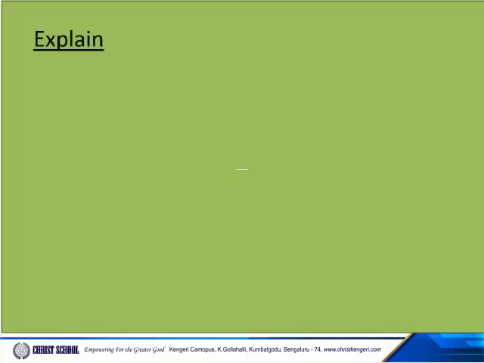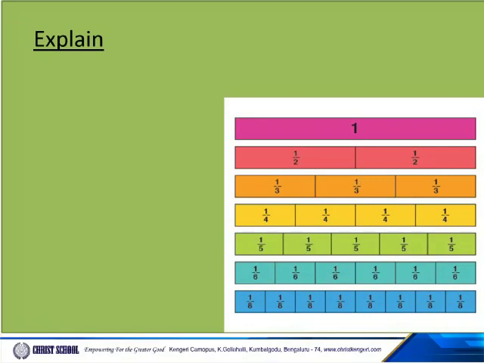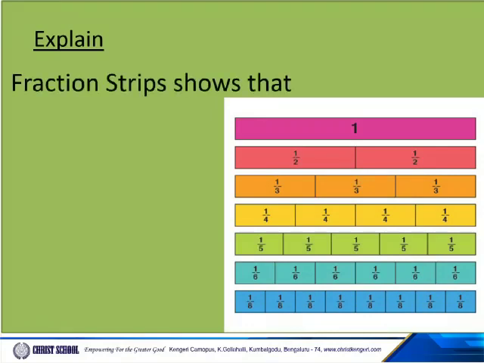Now let me explain which 2 people ate the same amount of cake with the help of fraction strips. Do you remember the fraction strips? Good job. Neeta ate 1 by 2 of the cake, Anil ate 2 by 4 of the cake, and Asha ate 2 by 3. 1 by 2 is equal to 2 by 4.